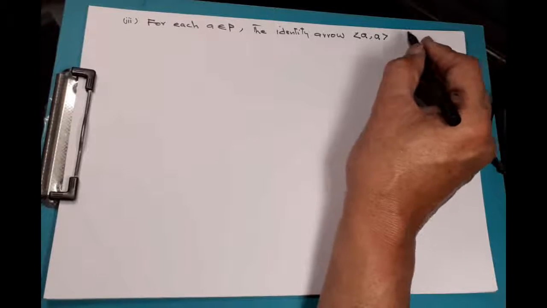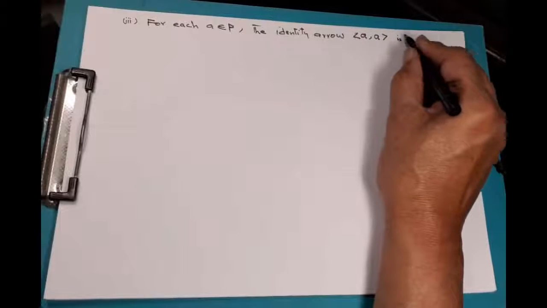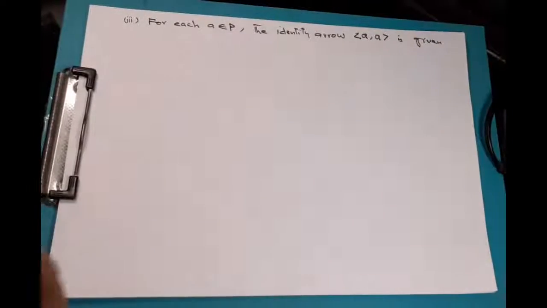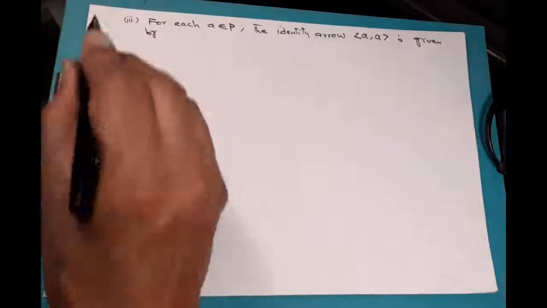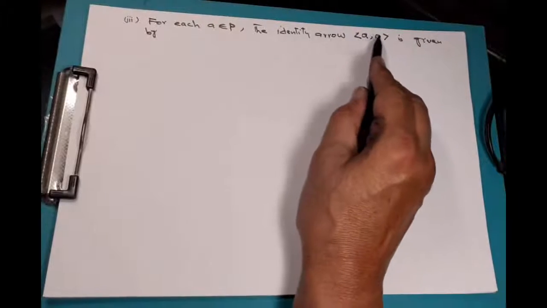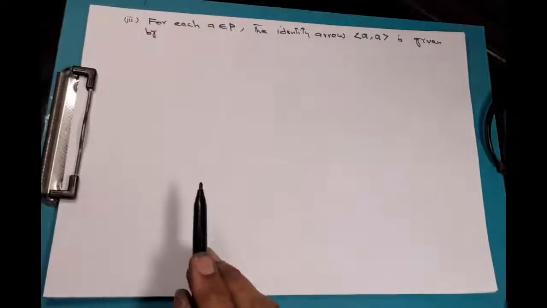So this particular identity arrow is given by, now this is an arrow if, let me recall what we were saying.